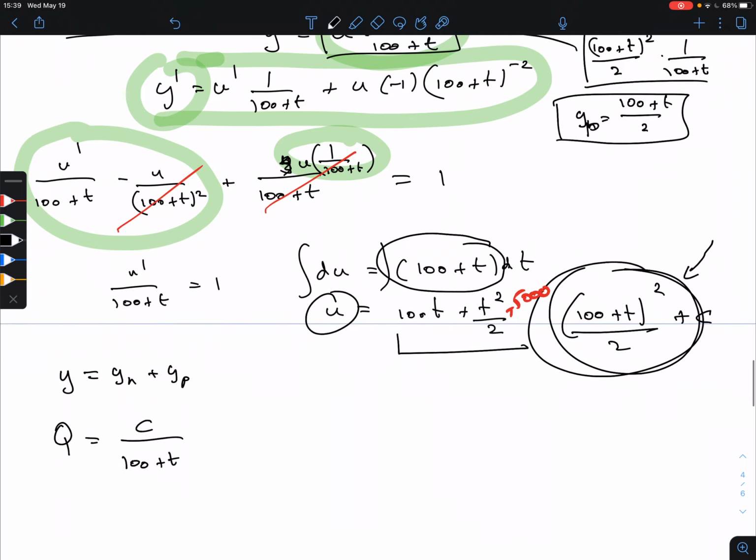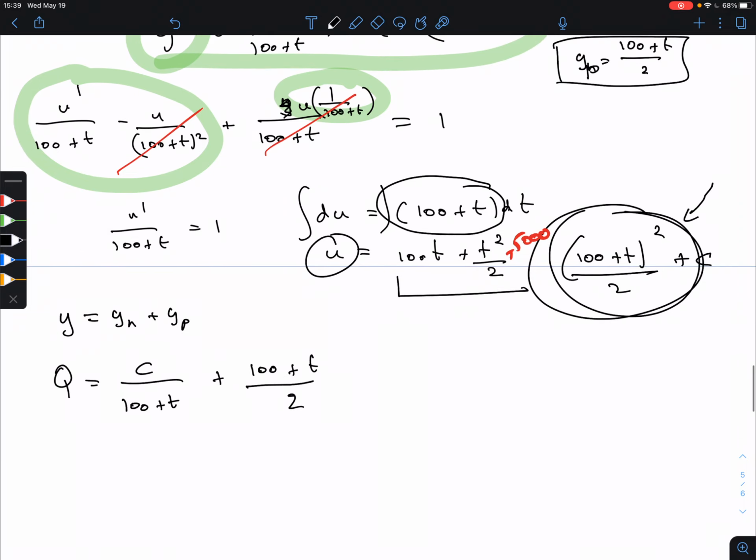Okay, so going back here. This is our solution now. This was the particular solution, this is the homogeneous, the general solution. Now we have to use something still. We know Q of 0, what would that be? That would be C over 100 plus 100 over 2, that's 50. If I plug in t equals 0, what was Q?